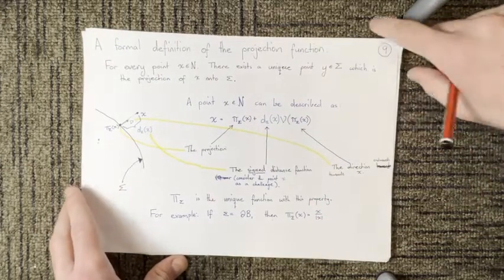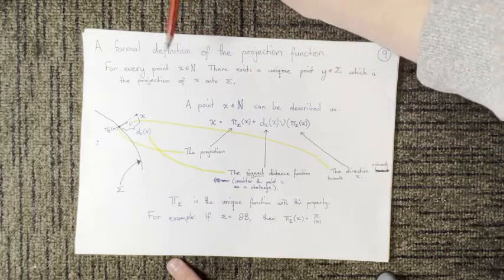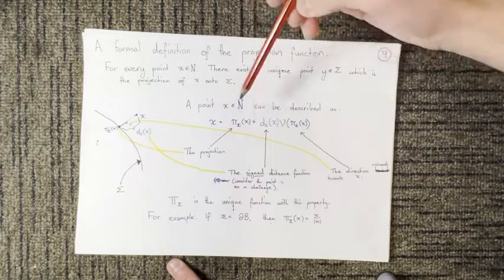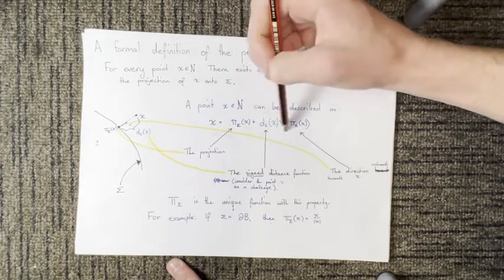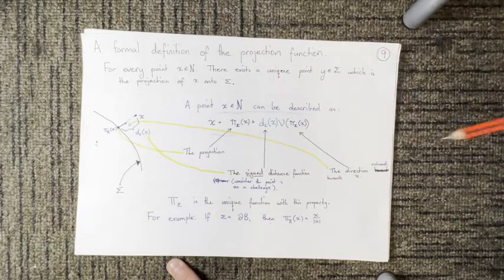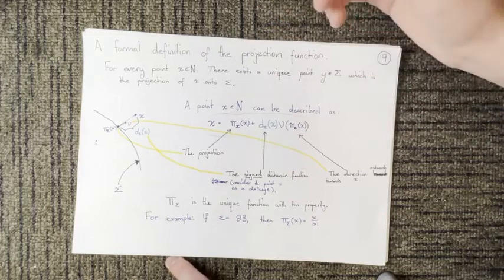So I've been saying the projection function. It makes sense what it does, but it's not very rigorous. So how can you know if you've got the right projection function? How do you know what you're doing is actually correct? So what we basically say is that our projection function is defined to be the function which satisfies this, and I'll explain each part of this in a moment.